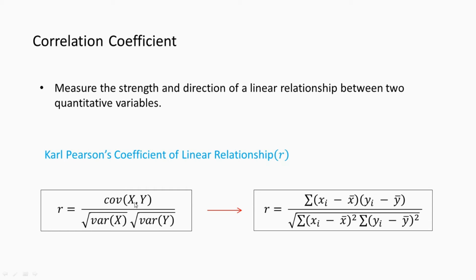After substituting the covariance of x and y, variance of x and variance of y into the equation, you can obtain this equation, and this r can vary from -1 to +1. It is not like the covariance.